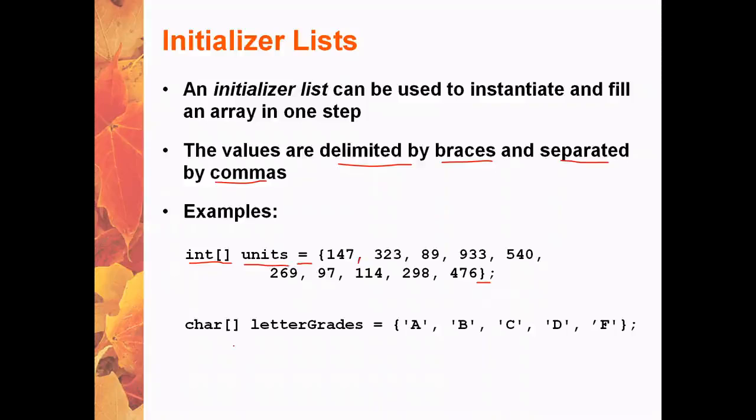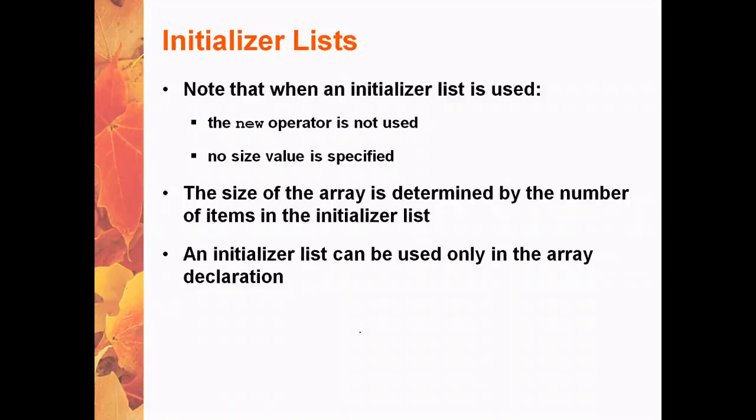One more example is given. char[] letterGrades is the name of the array, equals, and inside curly brackets we have some characters. So we are storing a set of characters into the array letterGrades. Okay, there are certain things to remember when you initialize an array.